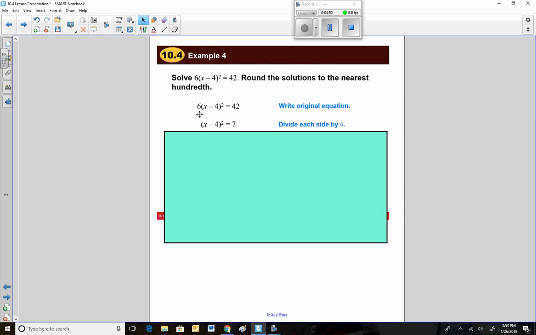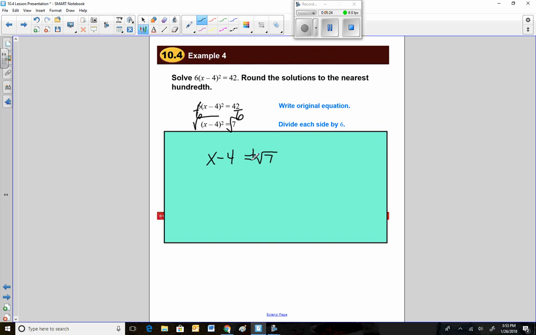Here, I'll write it so we make sure we all understand. Divide by 6, divide by 6, cancel, 7. Now, we need to get the answer to this. Well, we could take the square root of this and the square root of that, and so we get x minus 4 equals the square root of 7, right?